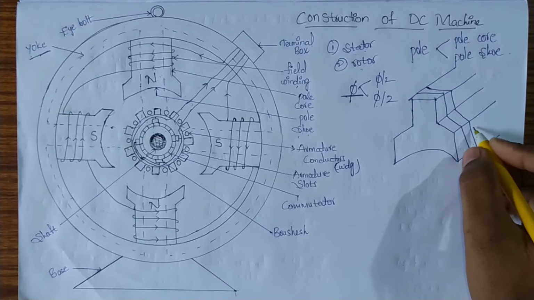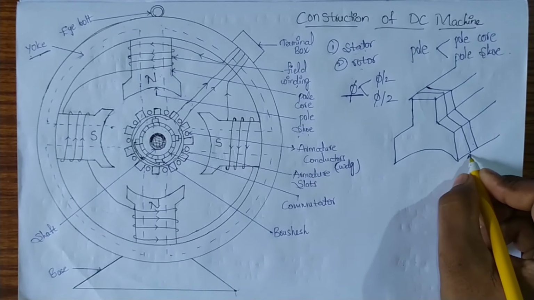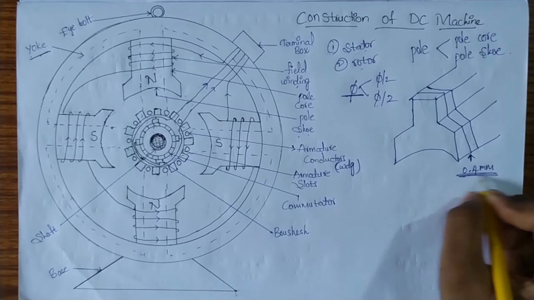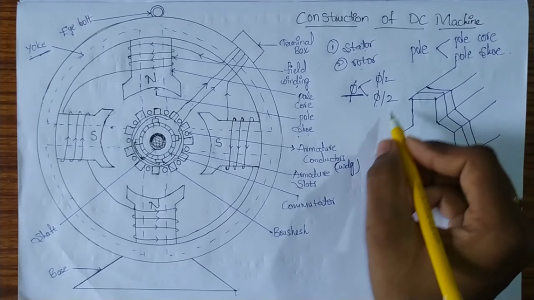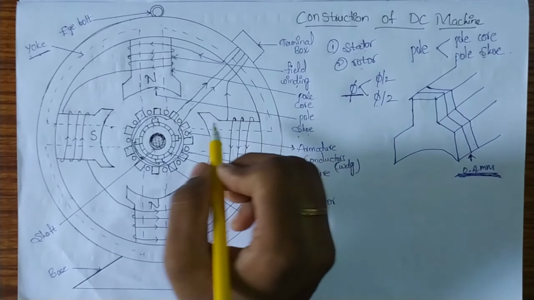These laminations are done to reduce the eddy current losses. The lamination thickness is in the range of 0.4 mm. This is very important for competitive exams. So this is the pole construction.